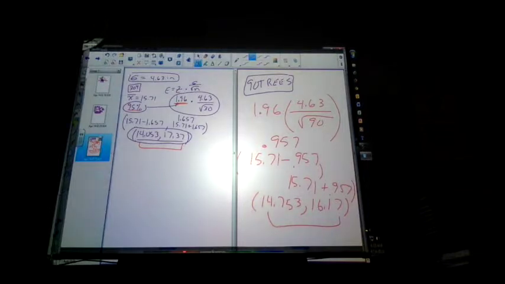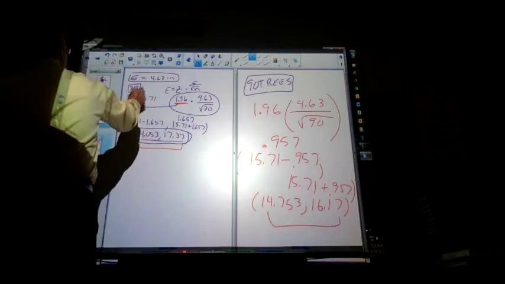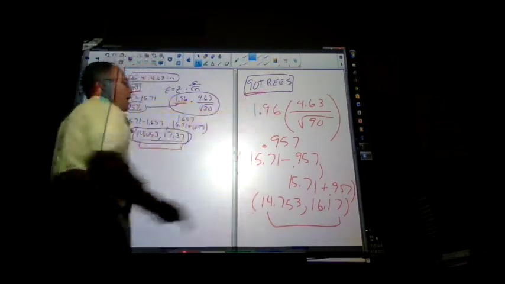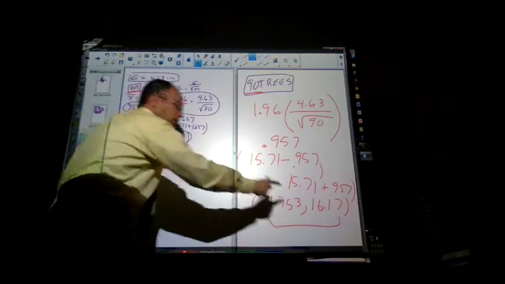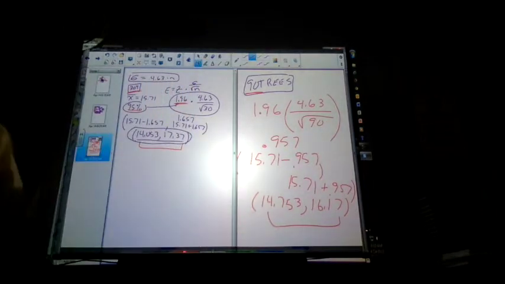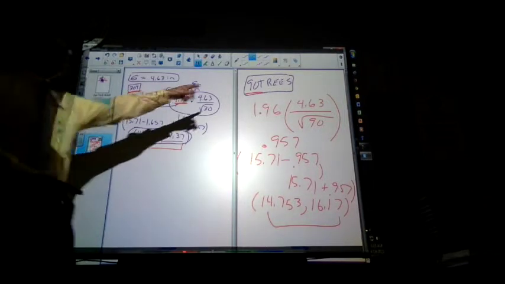Okay? 90 trees is triple the amount, but this region here is not triple the size of this. So the more and more you take, the more and more confident you can be with your 95% region, and you're talking about a smaller area, meaning this is a good thing.